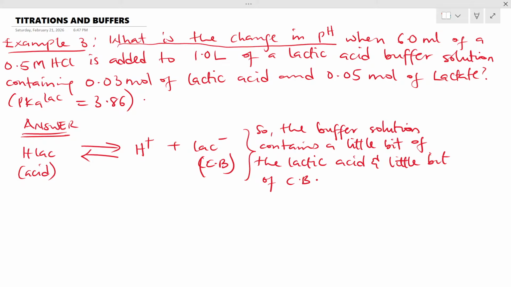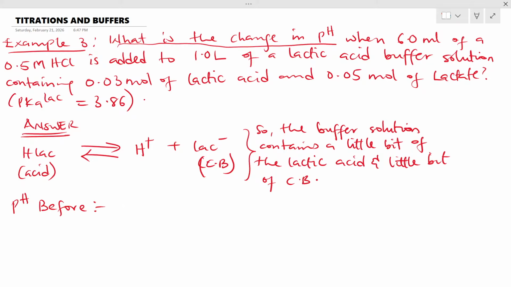Again, we are going to use the Henderson-Hasselbalch equation. So first we begin to calculate the pH before and the pH after. So we start with pH before. What is the change? A change will surely show before and after, final and initial.